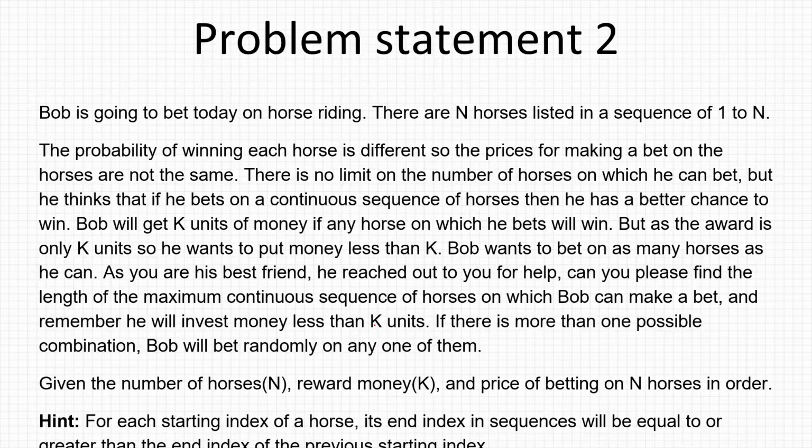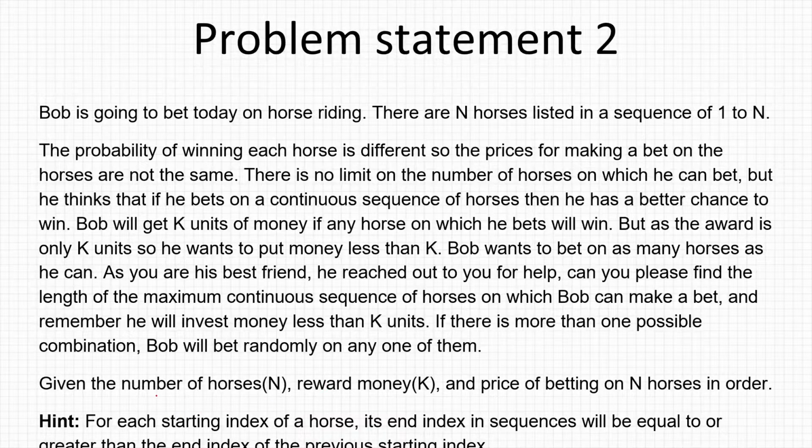Suppose K is 100. Then Bob is not going to bet 100 rupees. He will only bet 60, 70, 80, 90, whatever he wishes. If there is more than one possible combination, Bob will bet randomly on any of them. The sequence of horse prices will be given as input.